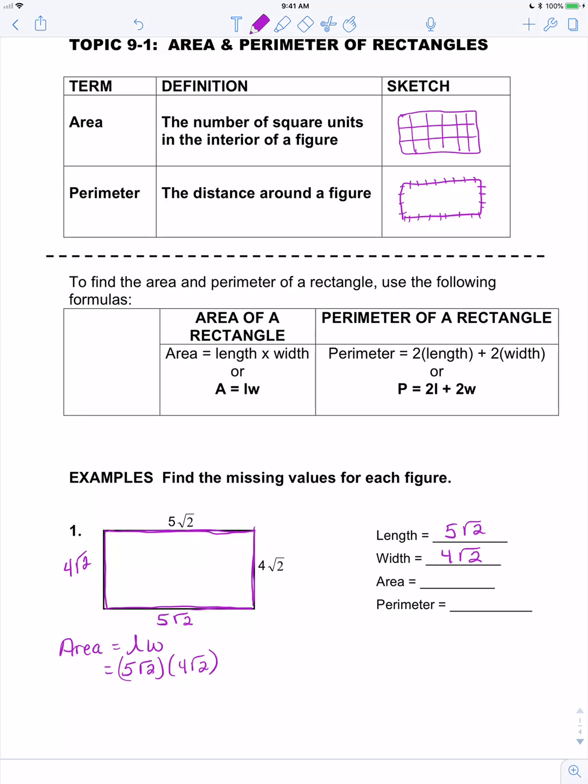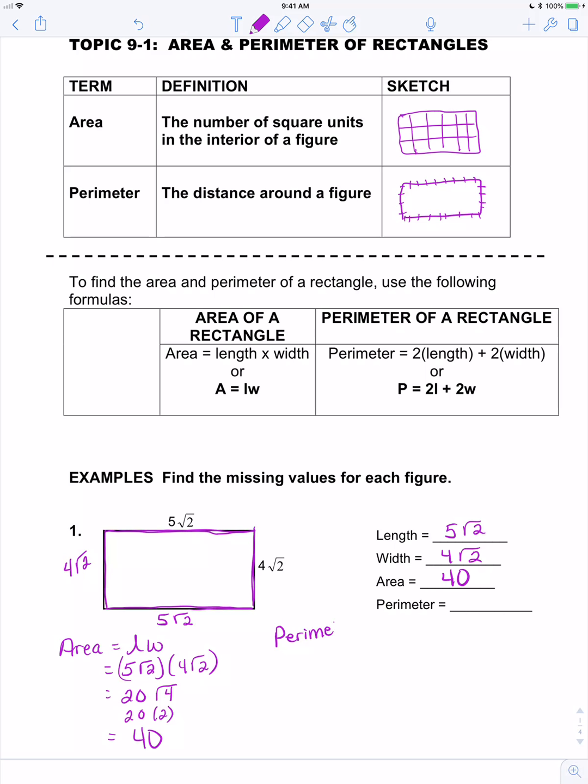And remember, when we multiply those, anything that's a radical, it's the outsides, the 5 times 4 is 20. Then the radicals are multiplied, so square root of 2 times square root of 2 is the square root of 4. Well, we know the square root of 4 is 2, so that's 20 times 2, which is 40. So the area here is 40.